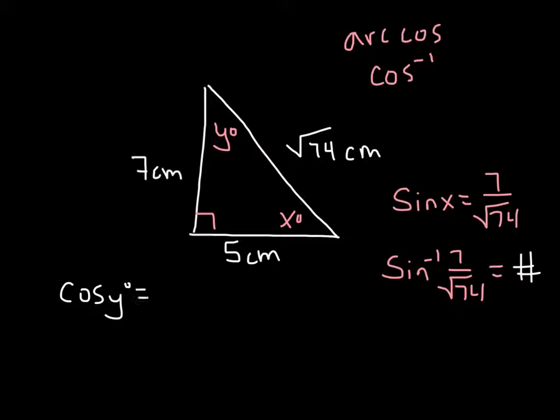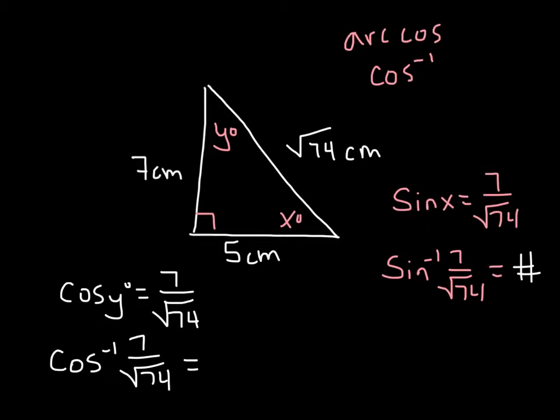The cosine of angle y is the side adjacent over the hypotenuse. So in this case, the cosine of y is 7 over the square root of 74, the same as the sine of x was. So then the inverse cosine of 7 over the square root of 74 should tell me angle y.